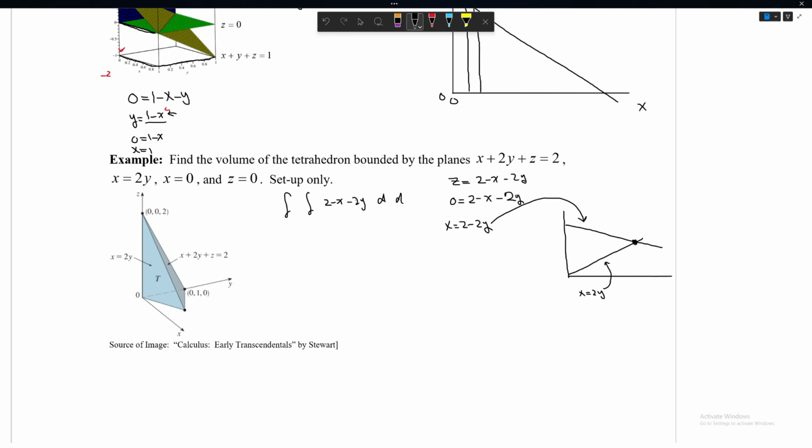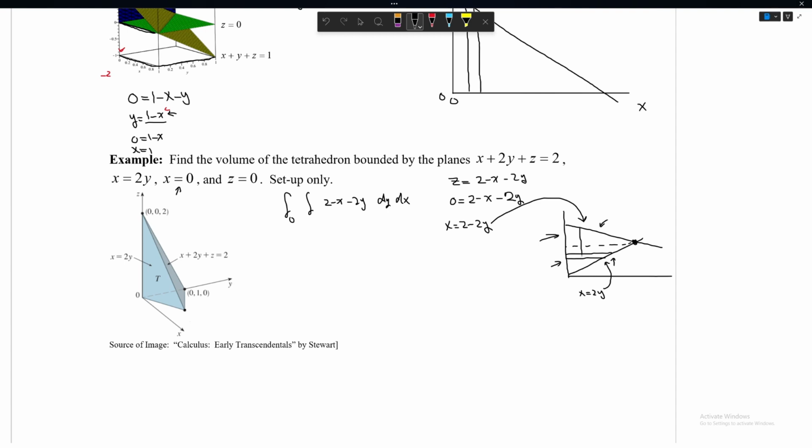Now, which one goes where? I want to set my y first and my x later. Why? Because I already have one bound for x, which is my 0. The second reason is that if I take it horizontally, then I will be taking it from constant to function, and after I reach halfway, from constant to a different function, and that's two different integrals.